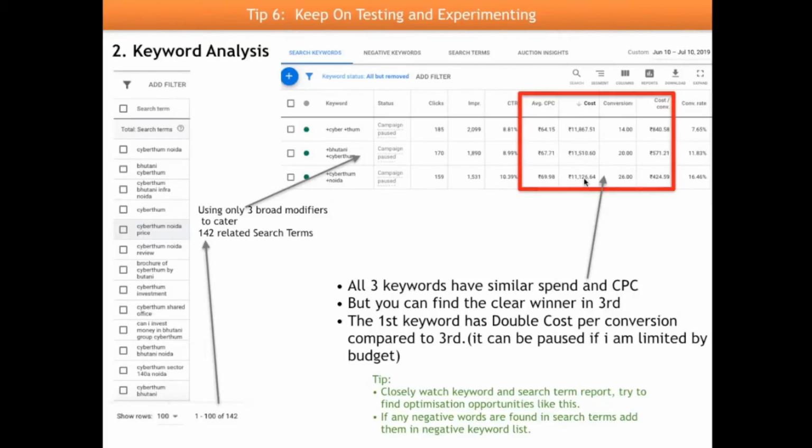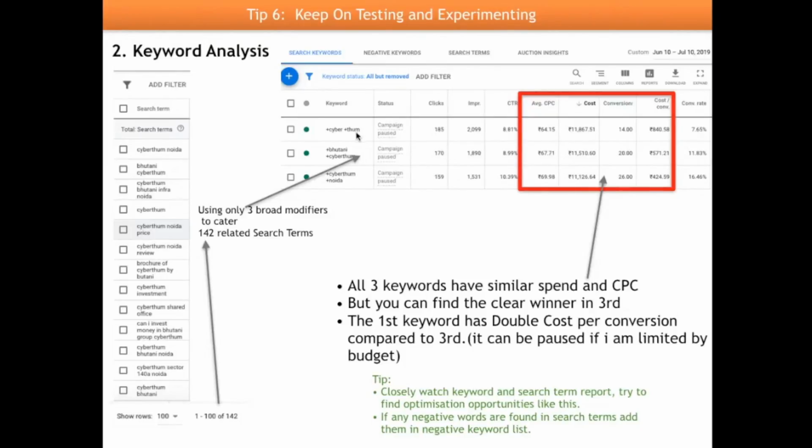This is how the entire 35,000 was spent, which was my entire monthly budget. Now if you go through these details, you can clearly see this had 185 clicks, this 170.